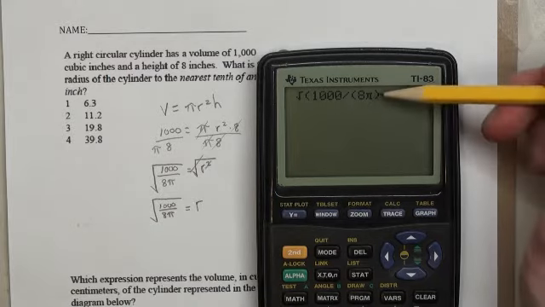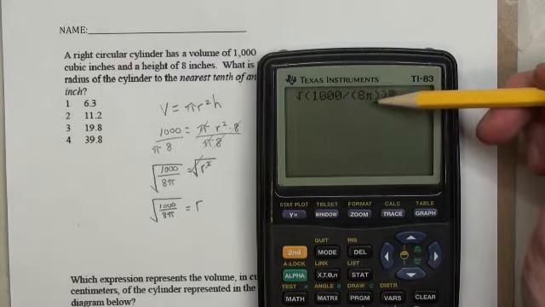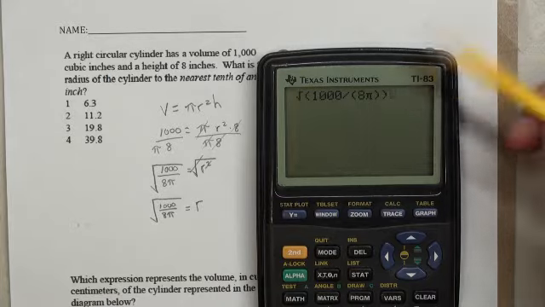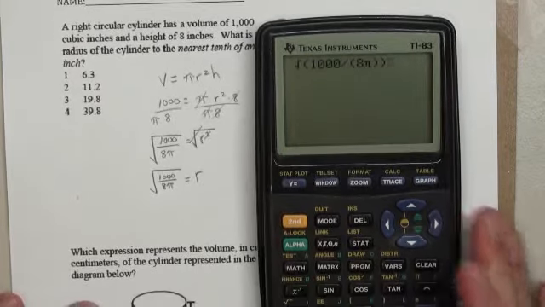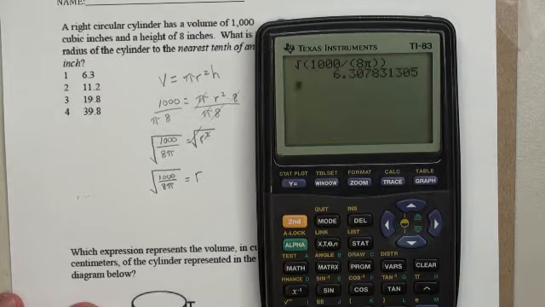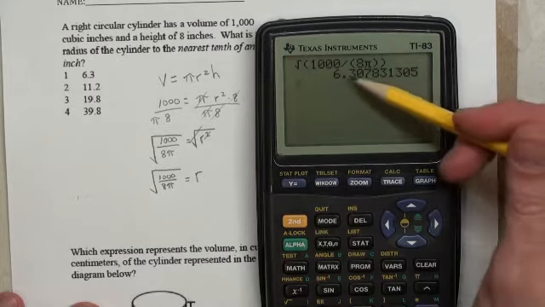Okay? You do not put 3.14 for pi unless it tells you to. Sometimes the problem says use 3.14 for pi, but if it doesn't tell you, you have to use the pi symbol. Okay? And the pi symbol is right there. You push second, and then you push that caret symbol to get pi. Now we just hit enter, and we got to round to the nearest tenth of an inch, so it's 6.3.